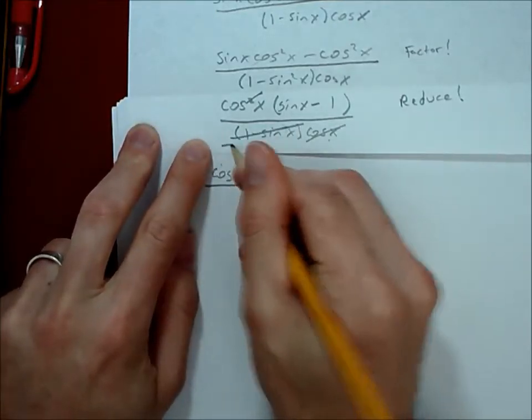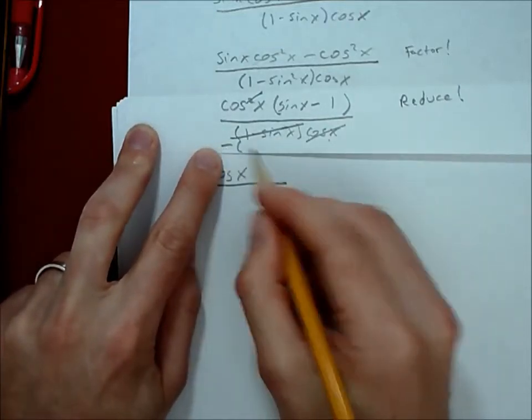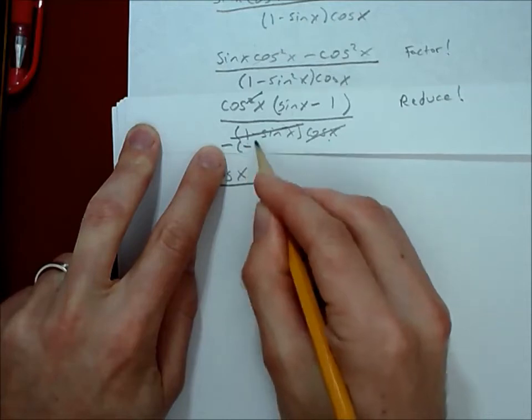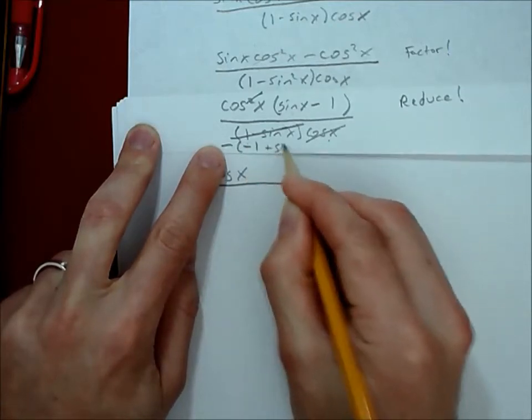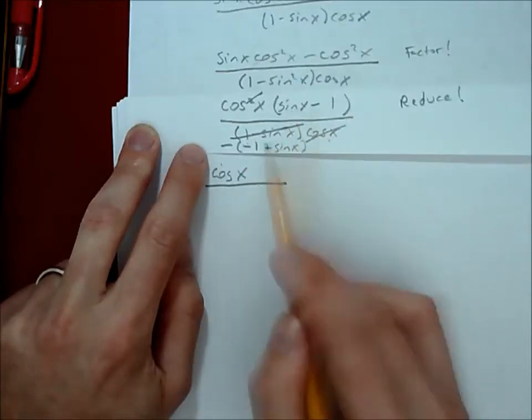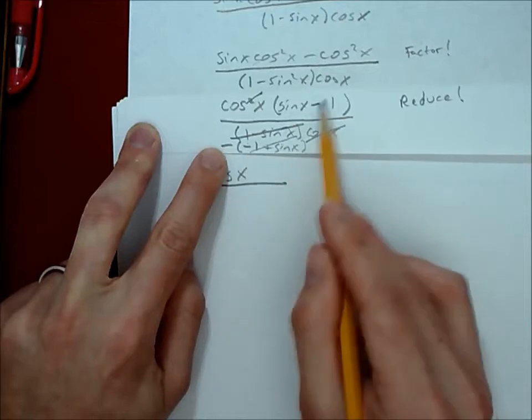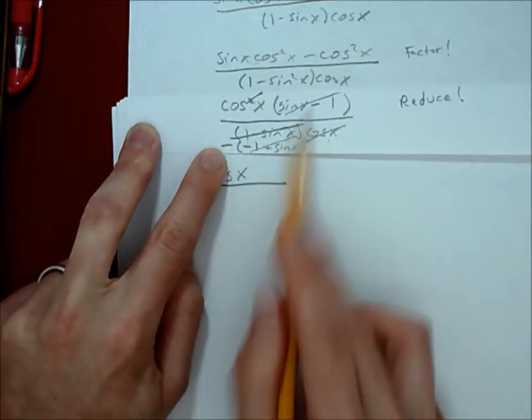So what I can do here is multiply this bottom part by negative 1, and that'll change the signs, negative 1 plus sine of x, which is the same thing as sine of x minus 1. So they will cancel. I just have to change this one a little bit. Essentially they're negatives of each other. They have the opposite signs.